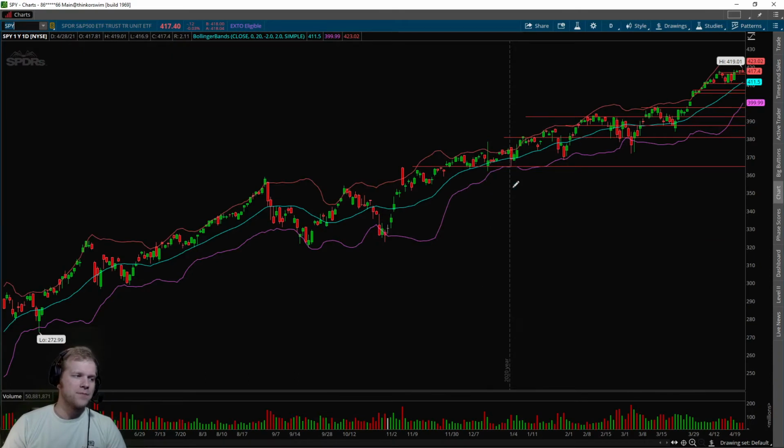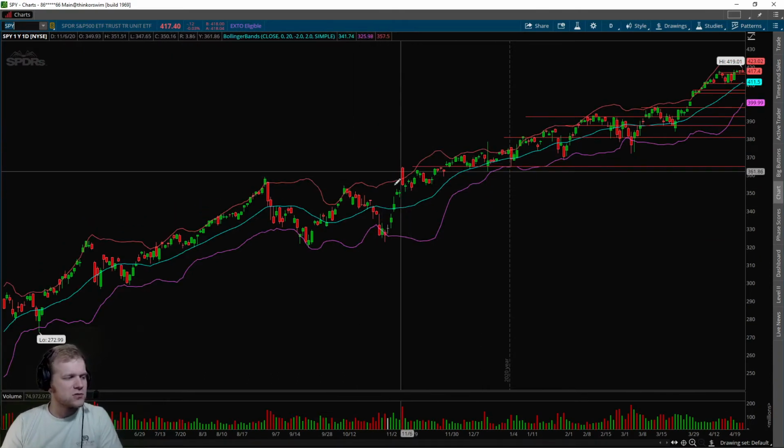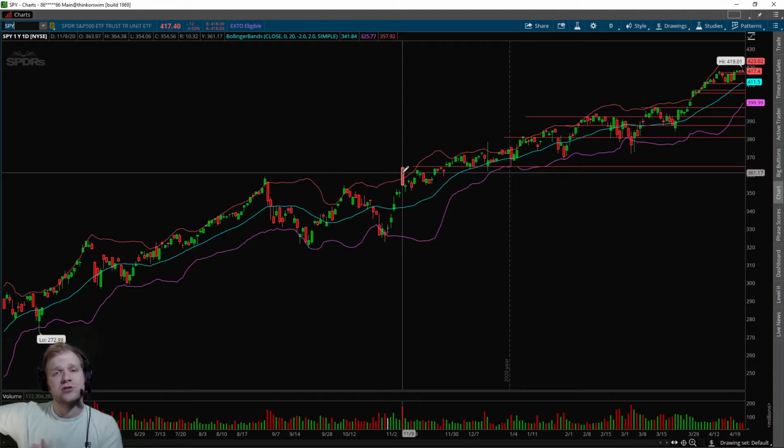So if the stock, or the ETF or whatever, starts to breach those two standard deviations, that means we're now approaching the extremes, and this should only be happening 5% of the time. So that's kind of how you try to measure it. Is this stock overbought? Is it oversold? Now, does that mean you should be buying or selling or exiting your position? I'm not going to get into that.